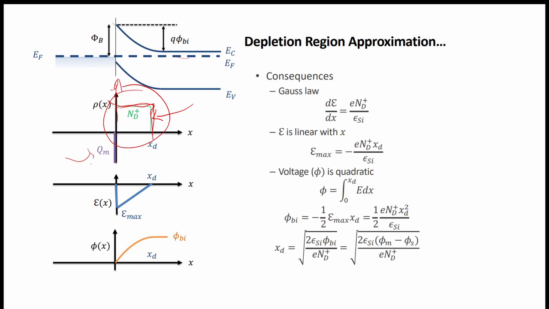And also we know the metal is a sink for electrons. Metal can take as many electrons and holes as needed, so there won't be a charge density there; this will be a delta function.